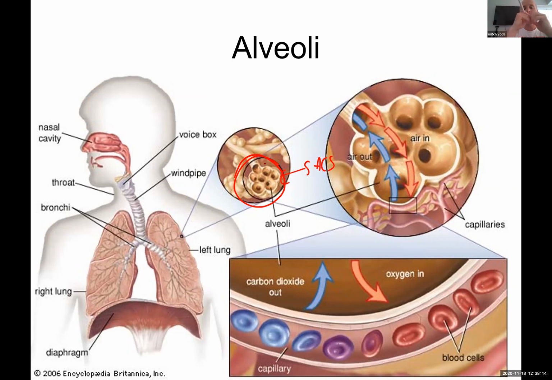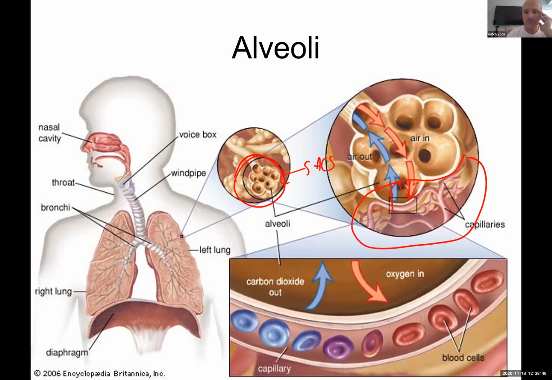By dilating, they expand and increase the surface area. Why do you need that increase in surface area? So you can absorb more oxygen. There are enough blood vessels, as you see right here, that have enough time to absorb the oxygen and eliminate the carbon dioxide as the blood passes through the lungs.